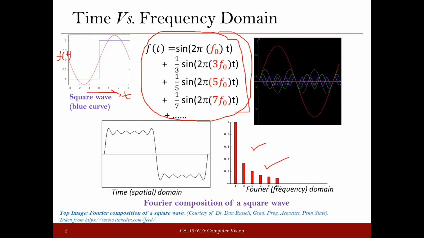Okay. So normally we also refer, so if you see this example, you can say that there is a kind of domain change. Here you are talking about things in terms of time. That when time is between -3 to 0, the value is this. When time is between 0 to 3, the value is this. But when you come to this alternate representation, you don't talk about time, you talk about frequency.